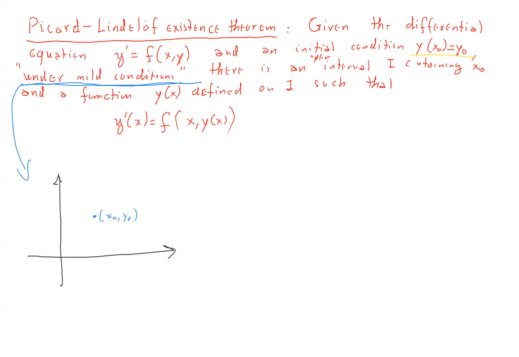Okay. Then here's what we mean by mild conditions in this particular case. There is a rectangle containing this point over which this function, the function f of x, y, is defined. It is continuous.